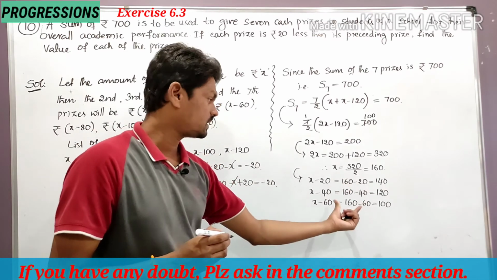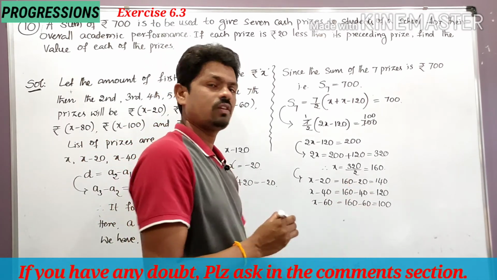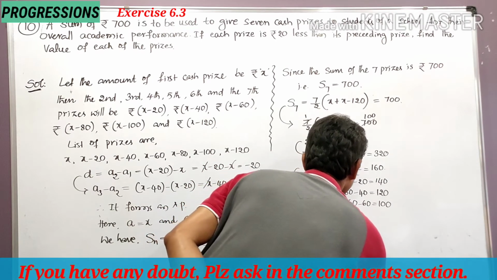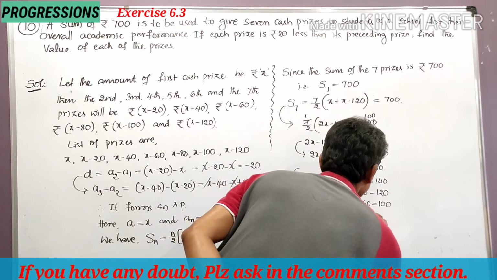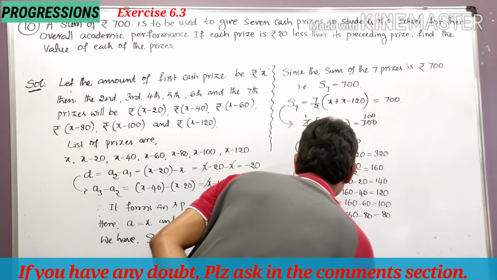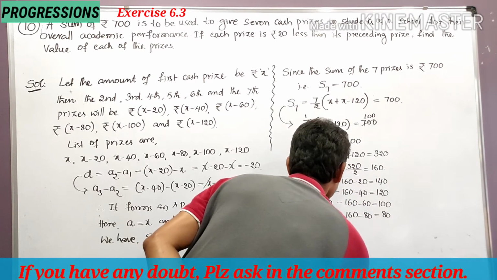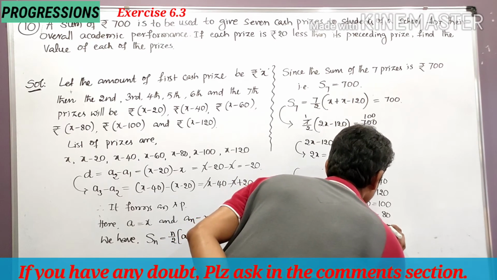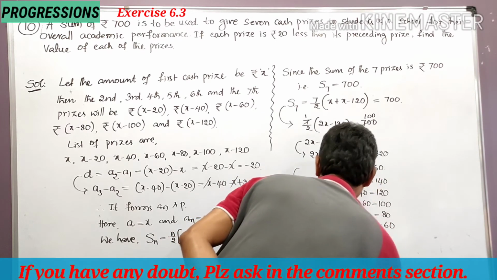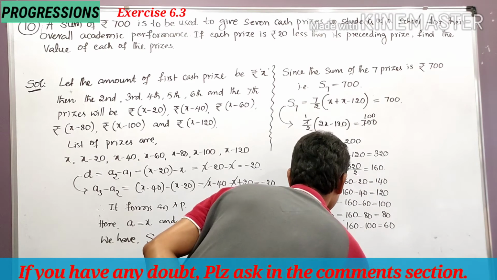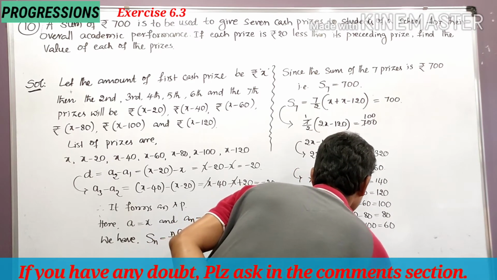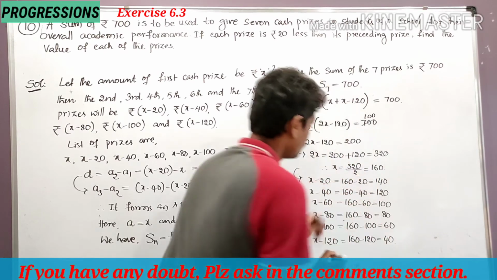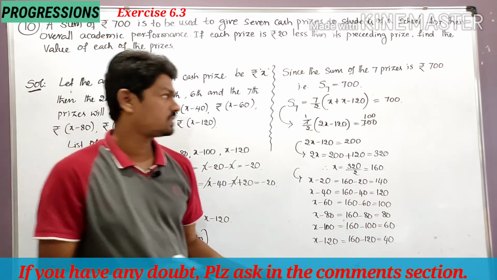These are the values of the 7 prizes. So x minus 80 is 160 minus 80, which is 80. x minus 100 is 160 minus 100, which is 60, and x minus 120 is 160 minus 120, which is 40. So these are the values of the 7 prizes.